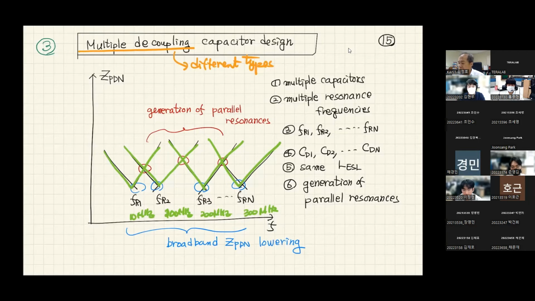If we put different types of decoupling capacitors, we're gonna have a new impedance curve like that. So that means we can make a very broad low impedance curve.